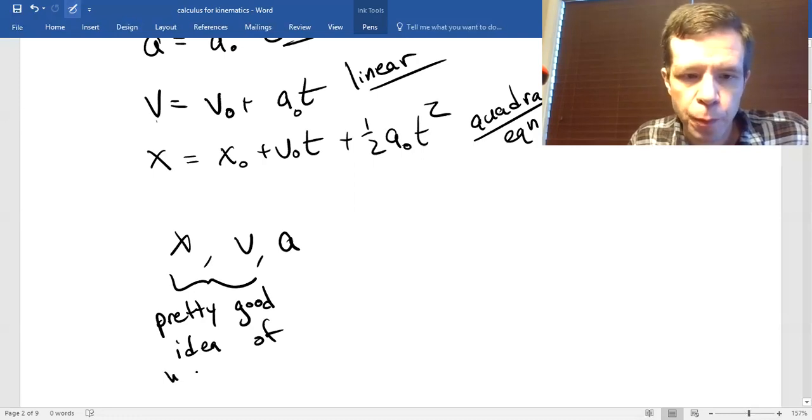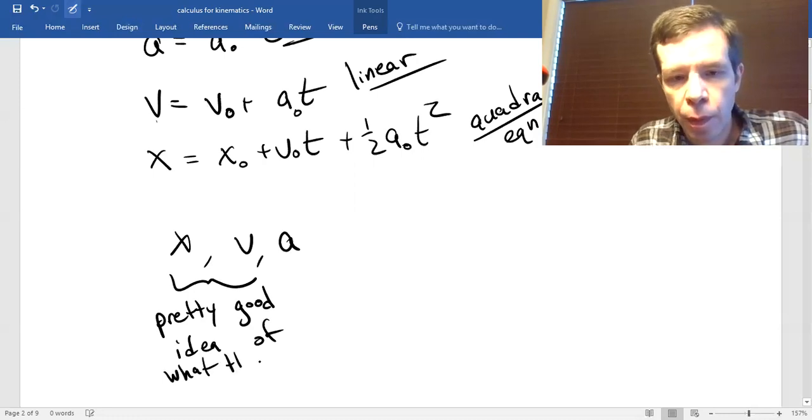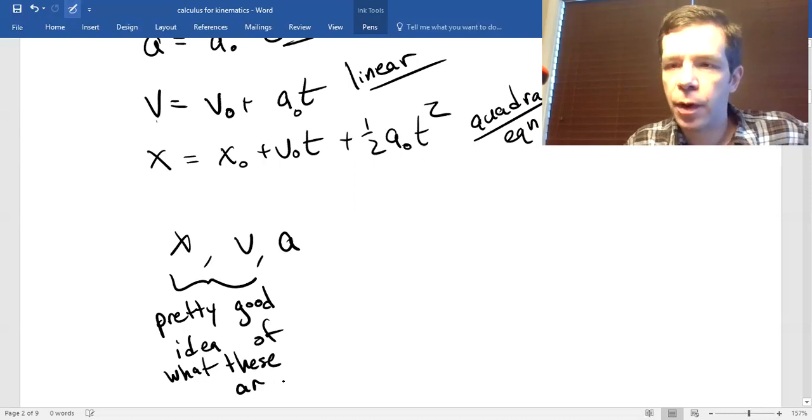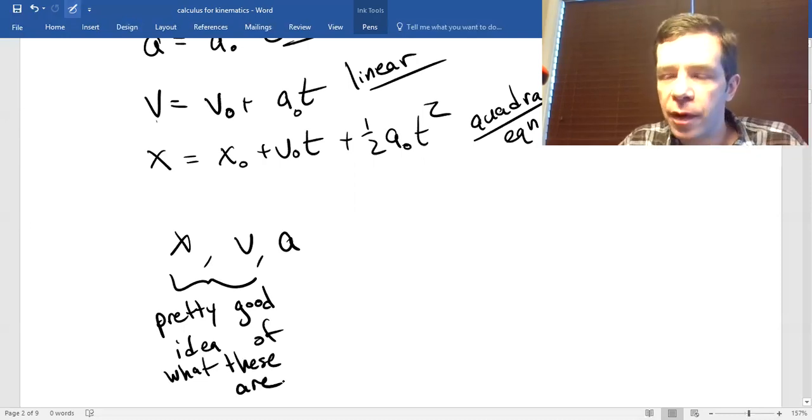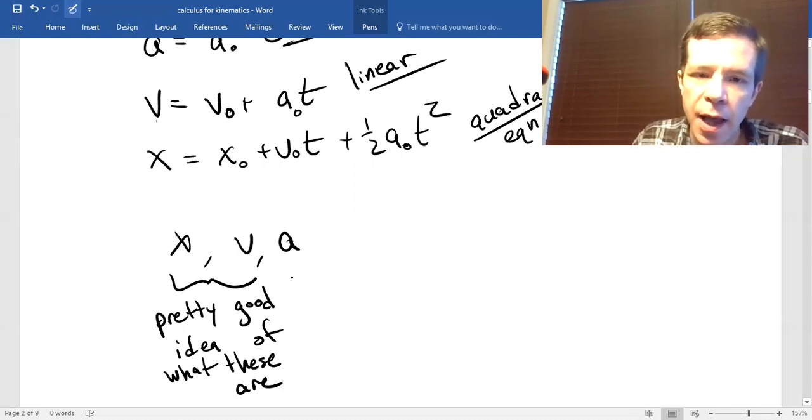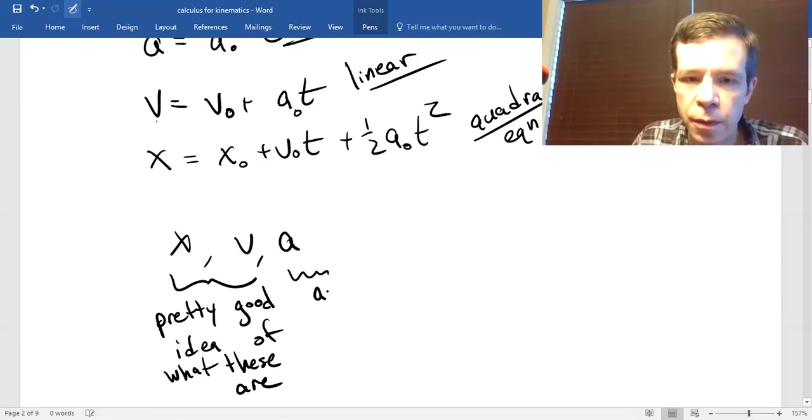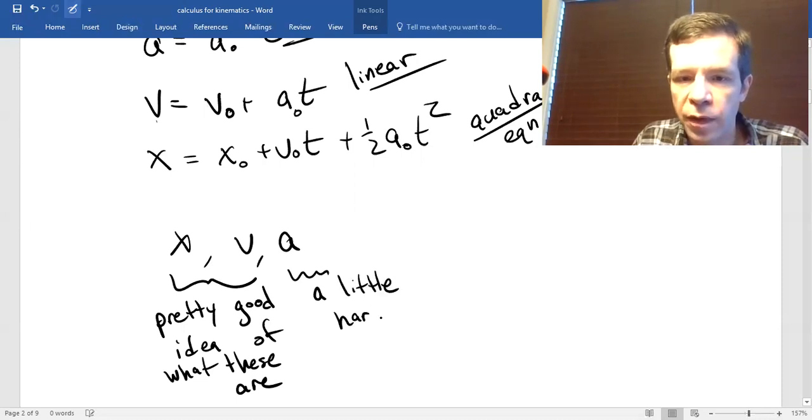You can see a difference in the location of something, and you can see that something's moving. A is a little harder to conceptualize.